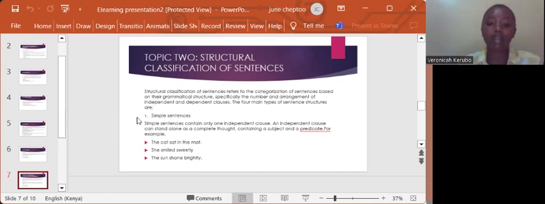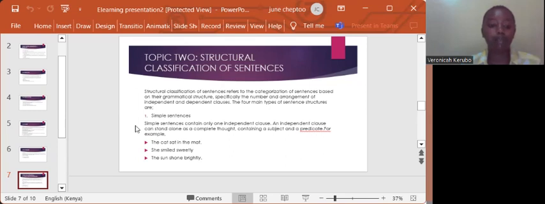The 4 main types of sentence structures are simple sentences, compound sentences, complex sentences, and compound complex sentences. We will start by looking at simple sentences. Simple sentences contain only one independent clause. An independent clause can stand alone as a complete thought, containing a subject and a predicate.